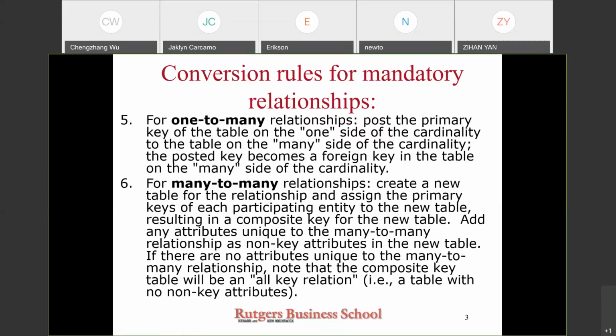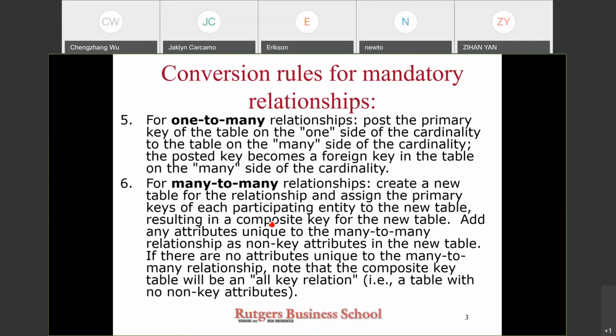The posted key becomes a foreign key in the table on the many sides of the cardinality. And for many-to-many relationships, we create a new table for the relationship and assign the primary key for each participating entity to the new table, resulting in a composite key for the new table.